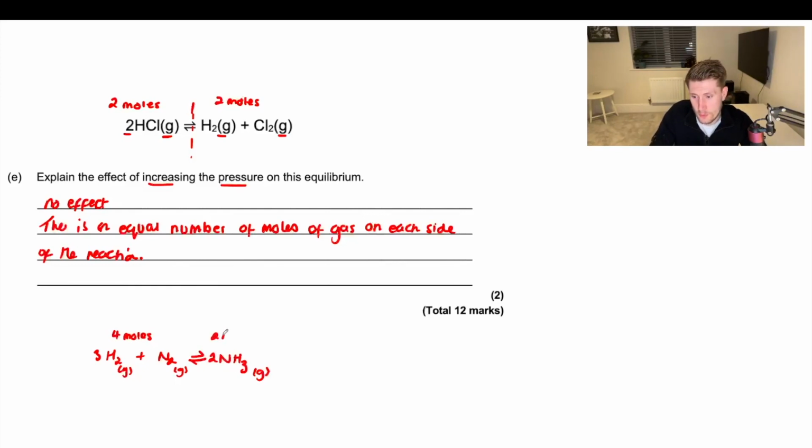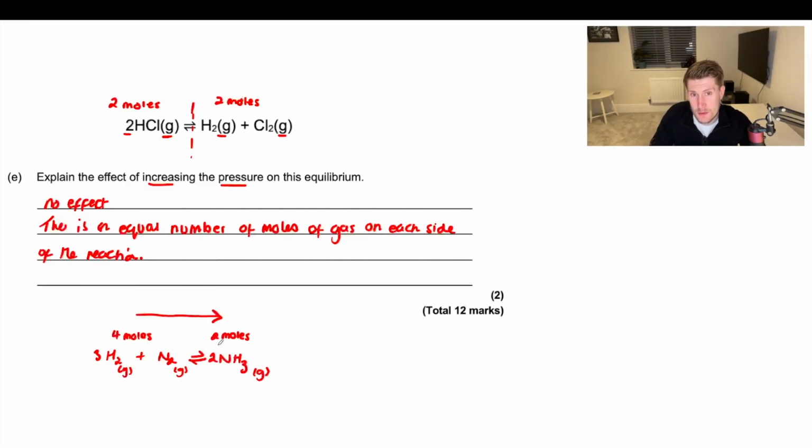So we have 2 moles of gas on the right. Now the values are different. So changing pressure will have an effect here. If we increase pressure, it will want to shift to the side with the fewest moles of gas. So increasing pressure will shift the reaction to the right, and the yield of ammonia will increase.